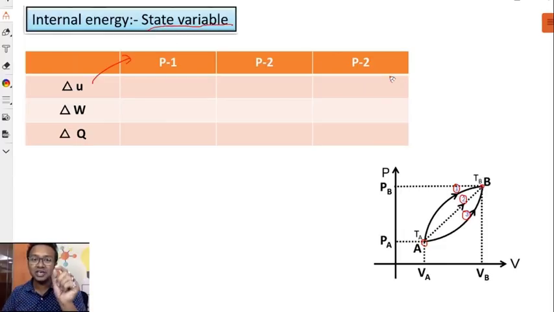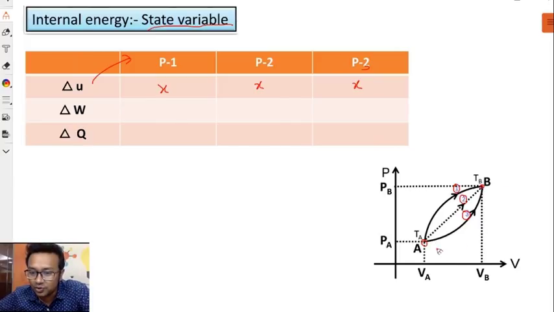It depends on the initial point and the final point. You go through any process, my dear students. If the delta U for process 1 is, let's say, some value X, then for process 2 also it is going to be X. Process 3 also, here it is written 2, I'll correct it, is also going to be X.